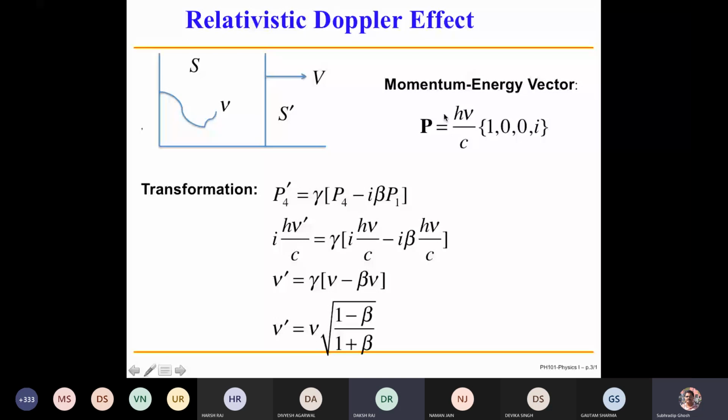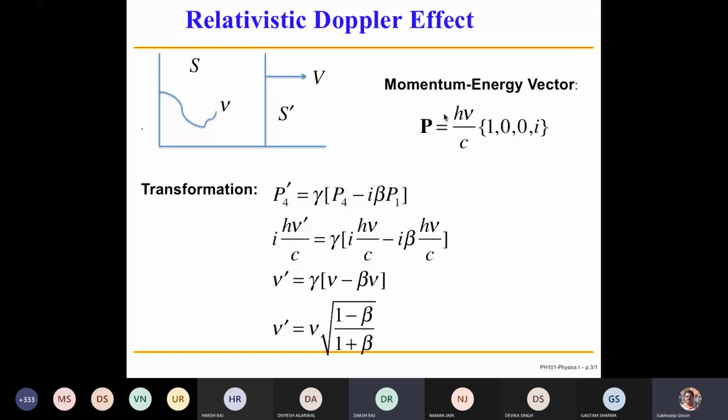You are kind of perplexed about what that imaginary thing is doing. As I say, do not consider this momentum energy 4 vector as a real thing. You cannot really connect this 4 vector to some real entity. So when it is a mathematical construct, it's a complex vector with one component being complex, and that is acceptable.